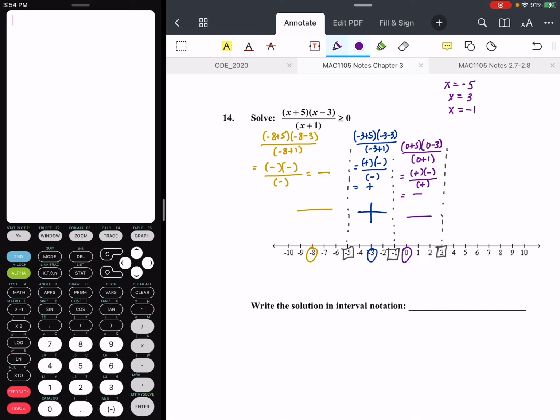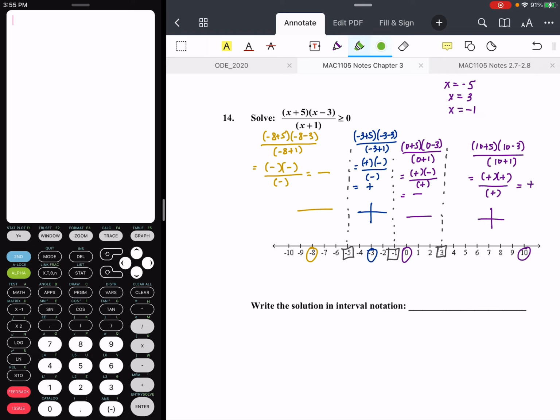And then finally, maybe I'll pick 10. Doesn't matter what I pick, as long as it's in the interval. 10 plus 5 times 10 minus 3 over 10 plus 1. So that's positive, positive, positive, which is overall a positive. So I have negative, positive, negative, positive.